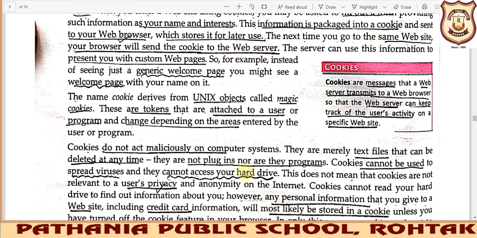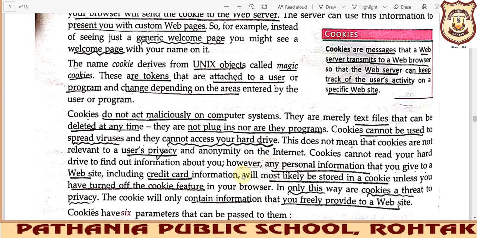So they are not malicious actually. But if you give a particular site your own private data to save, then it can be saved in your cookies. Otherwise cookies never save your personal data. Like if you want to save your credit card information for further reference, then only it will be saved. Otherwise cookies will never save this type of information.